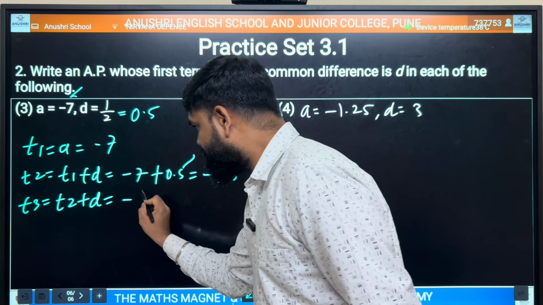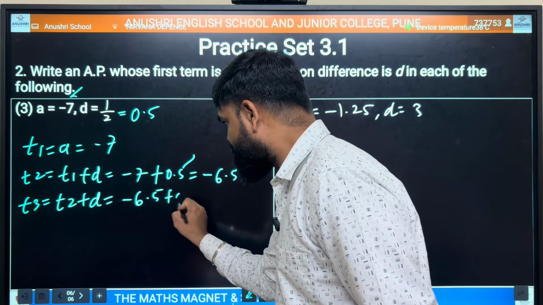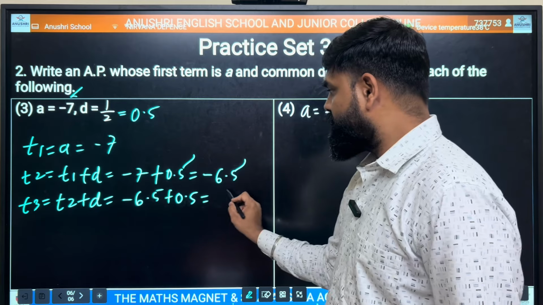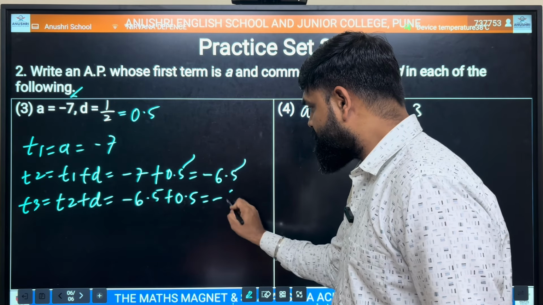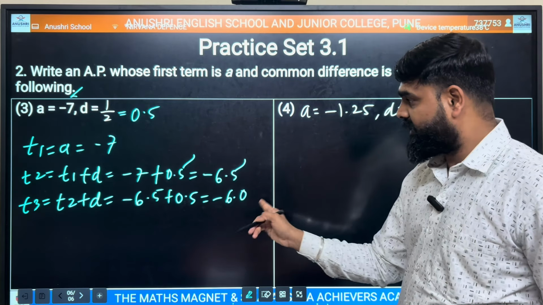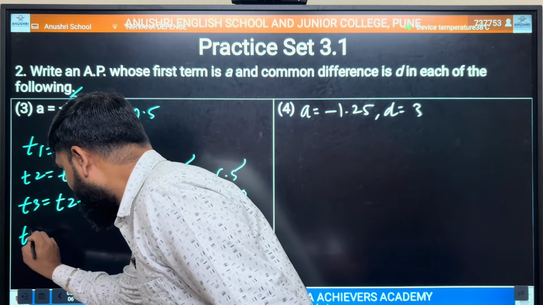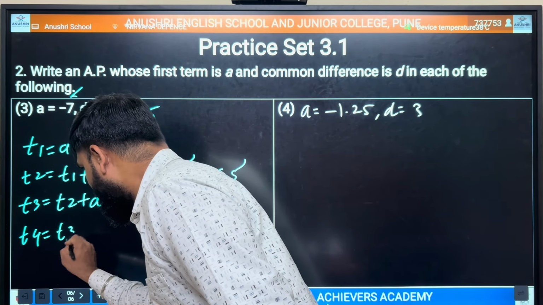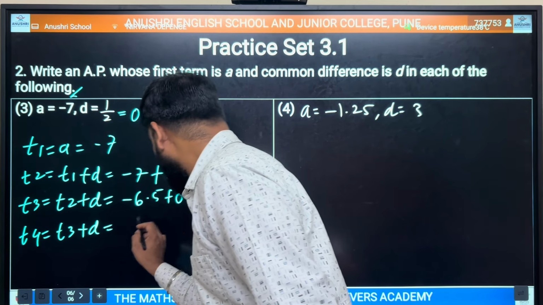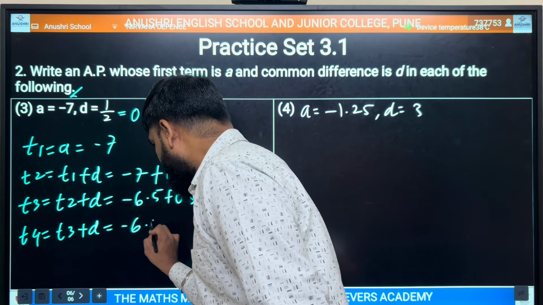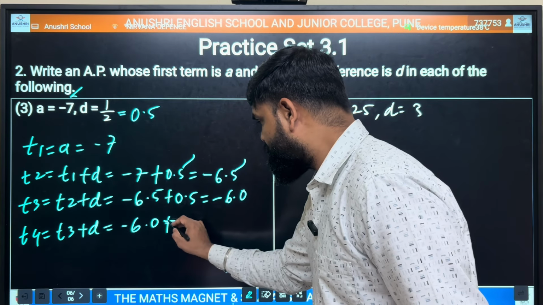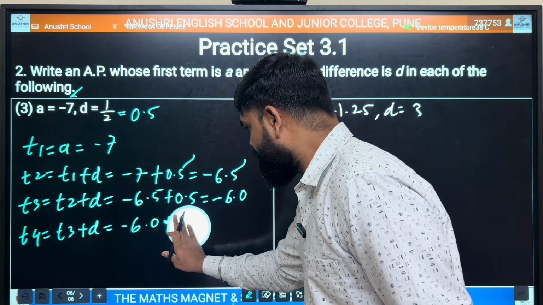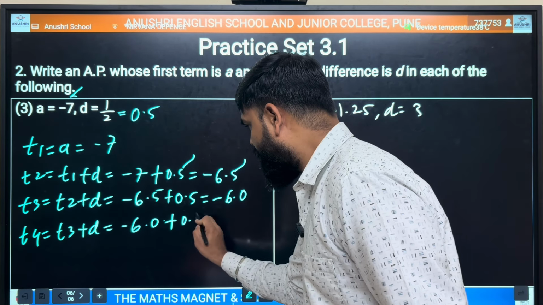Minus 6.5 we got. So T3 is equal to T2 plus D. T2 is minus 6.5 plus 0.5. So that will be minus 6.0, which is nothing but minus 6. And we can find the T4 also, T3 plus D. T3 is minus 6.0, and we have to add 0.5.